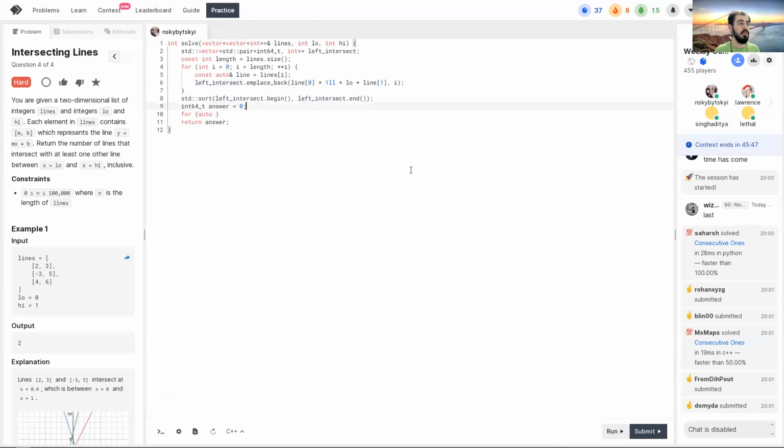The idea is we loop over left intersections. We check for each intersection how many are bigger than that. And for that, we'll need std.